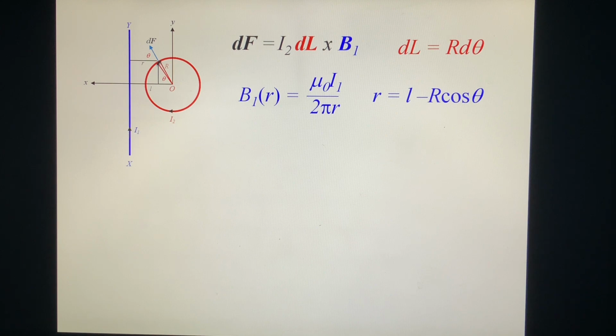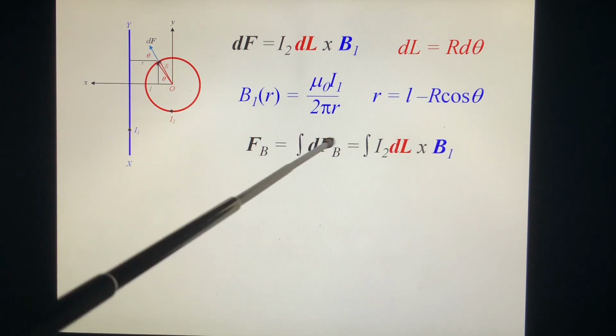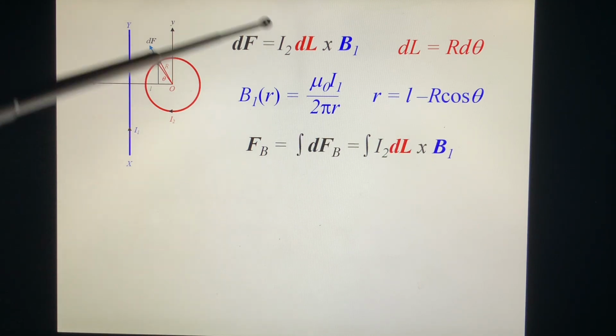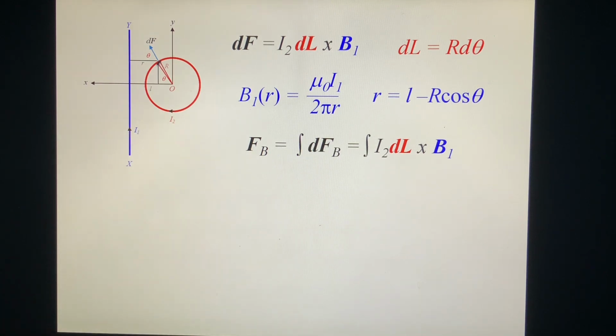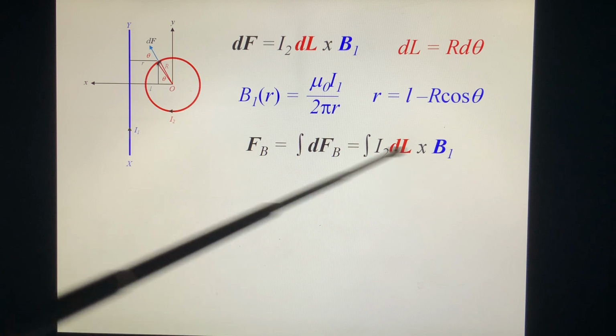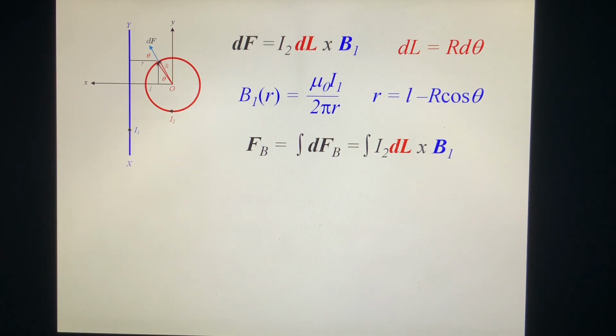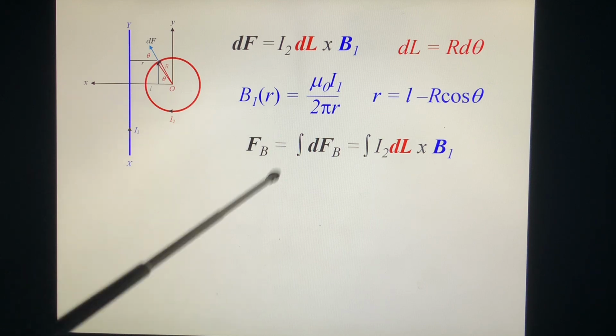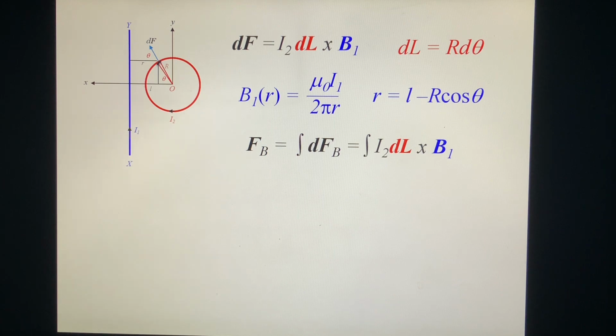And then we see, and when you see, we put together. So FB on this line is integration of dFB, okay? And dFB is I2 dL cross B. It looks like it's very simple, but actually it's not, because this is a vector equation. You cannot do the integration. We have to dissolve into x component and y component, find the FBx, FBy, and then we recombine this component, become a FB.